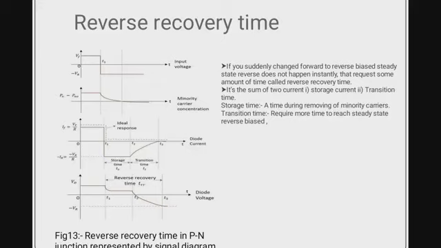Until they have been removed from the P-type and N-type bead, the diode is in conducting state. Later it requires some amount of much more time, and which is called a steady state reverse bias state.